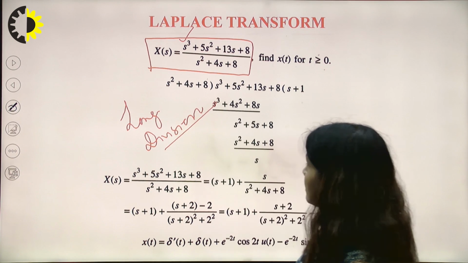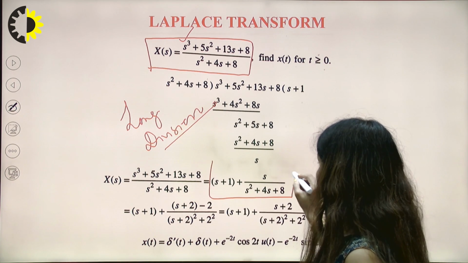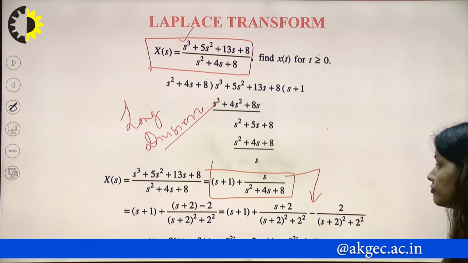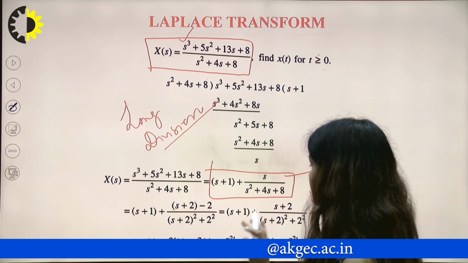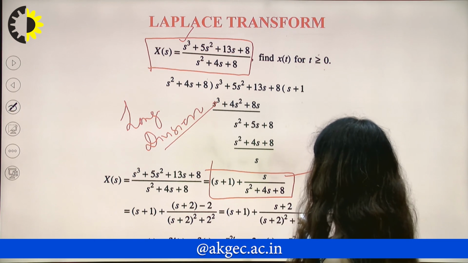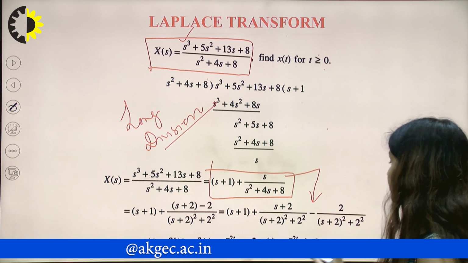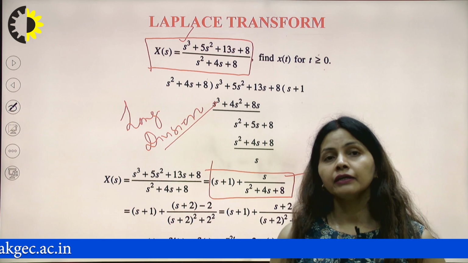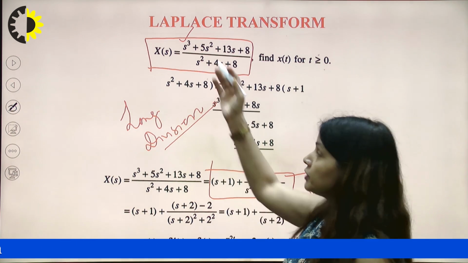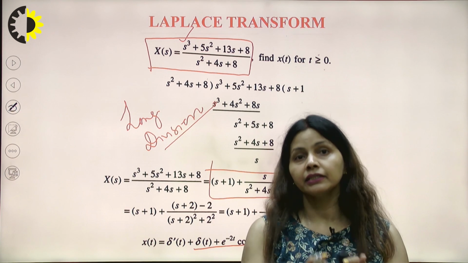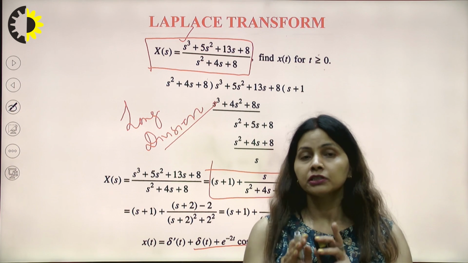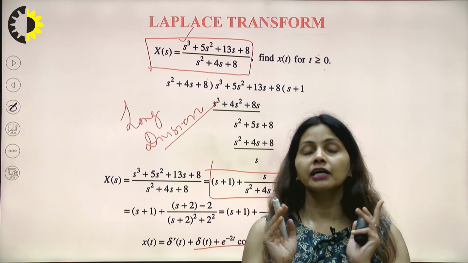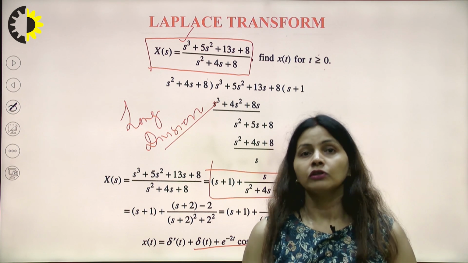After performing the long division, the usual method will be adopted, and the terms suitable to the formulae should be written, and we can apply the formulae directly to calculate the inverse Laplace transform. But take care that the numerator power should be less than the denominator power, and take care of the poles, whether they are distinct, whether they are the same, whether they are complex, and so on. Thank you.